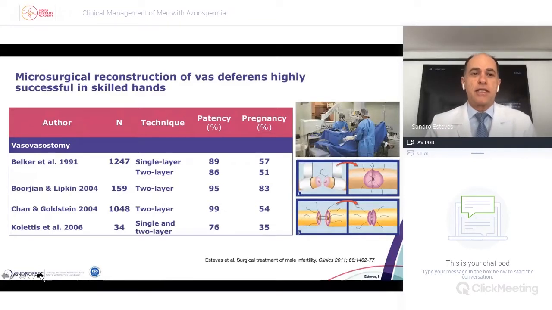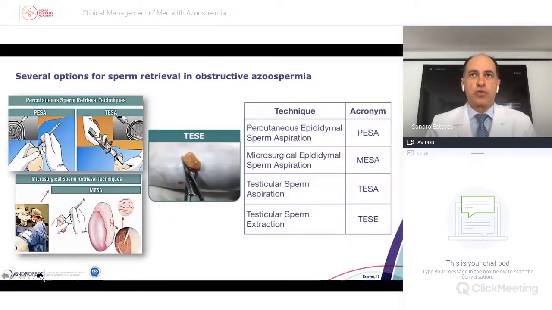The second point related to obstructive azoospermia, and I believe this will interest you more, will be sperm retrieval. In this condition, we can offer the patient several options. We can offer percutaneous sperm retrieval techniques, such as percutaneous epididymal sperm aspiration.